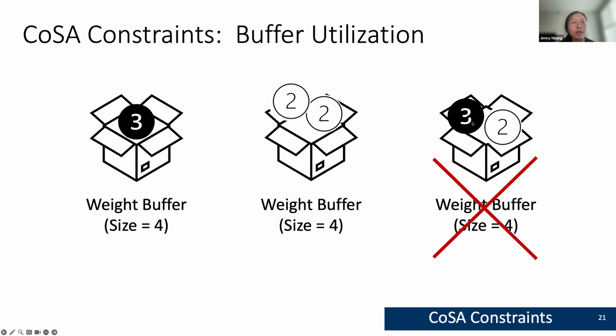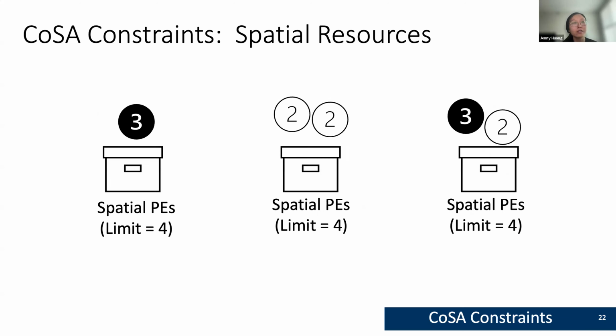For example, in the last example, if we have a factor that's larger than the buffer size, then it will be considered an invalid mapping by the solver itself. So we only need to explicitly express this constraint so that the solver can filter out these invalid mappings. And the next constraint will be for the spatial resources. It's applied the same way as the utilization constraints.